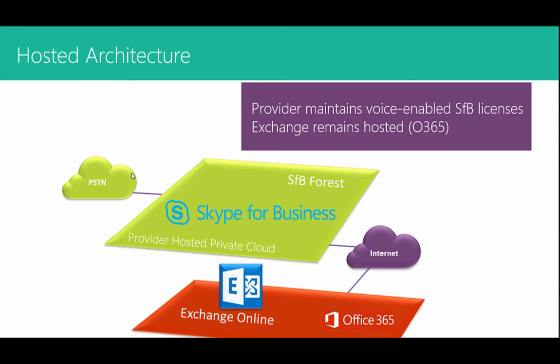Here, we would work with a company that has their own servers and their own Skype for Business licenses that have been voice enabled. They have SIP trunks into them, turning them into full-blown phone systems. The beauty for the end user or the partner is you don't have that investment. Just like you do with Office 365, you can now buy a license to the voice component for Office 365.